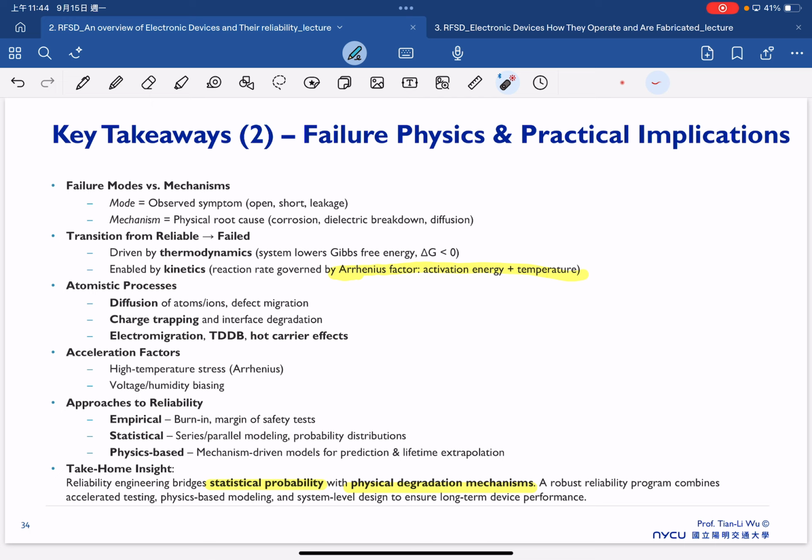So this is a very key result: normally when we do a reliability study, we do the acceleration testing, we do the physics-based modeling analysis, and in the end, we will also propose design changes to improve the reliability. In the end, the goal is to ensure long-term, stable, good performance.